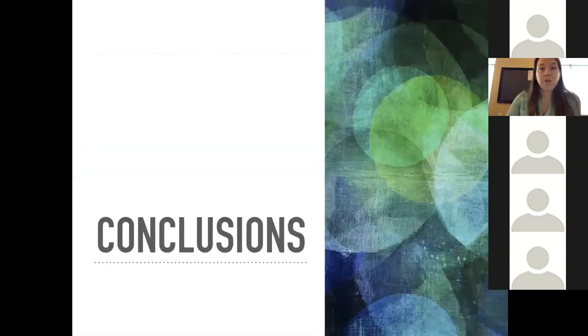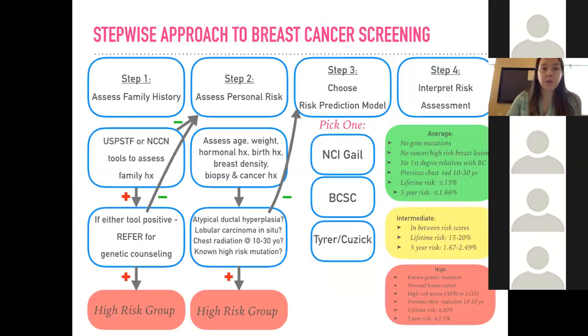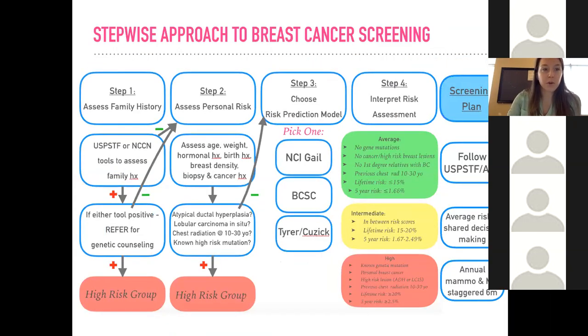All right, so just to wrap up with some conclusions, I tried to put all of our little boxes into one slide here. So let's just go to this one. So just to review, this stepwise approach to thinking about breast cancer screening with our patients who are sitting with us in the primary care office.